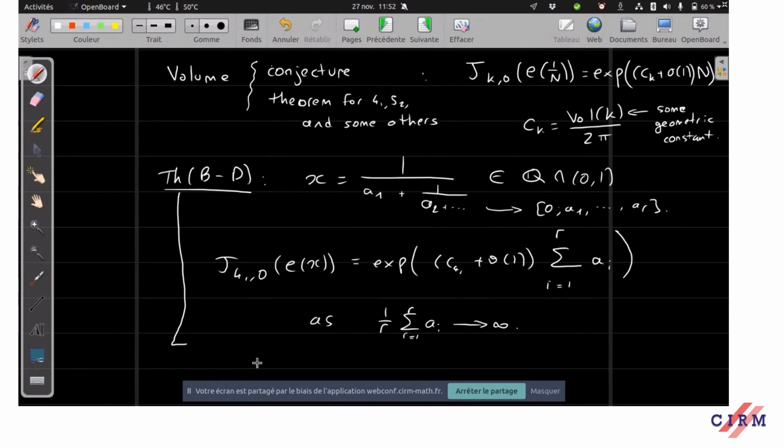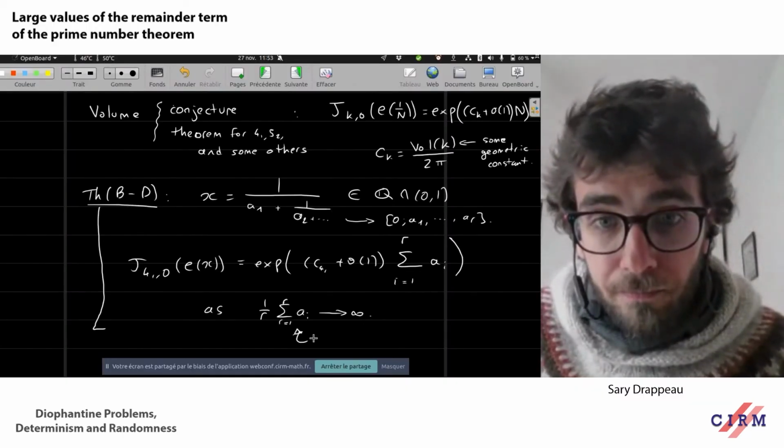So if I give you a sequence of rational numbers with the mean value of their coefficients tending to infinity, you will get an asymptotic formula for the log of the J invariant, for this case, for this knot. And so we're very lucky here because this is typically the case.